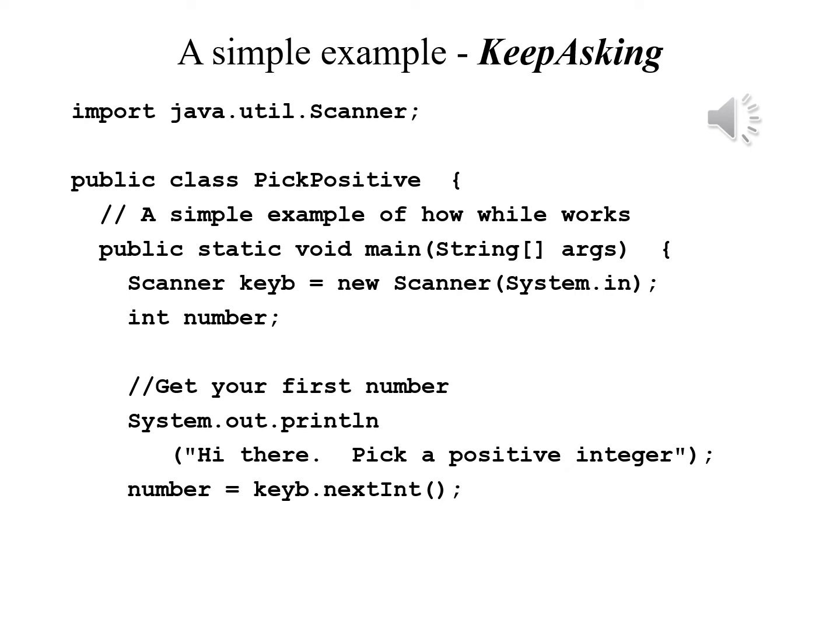As we always do when we have input from the keyboard, we start with import java.util.Scanner. Our header for the class reads public class PickPositive, and then open brace to begin the program. A comment telling us what the program will do, a simple example of how while works, and now the header for the main method, public static void main(String[] args), open brace to begin the method.